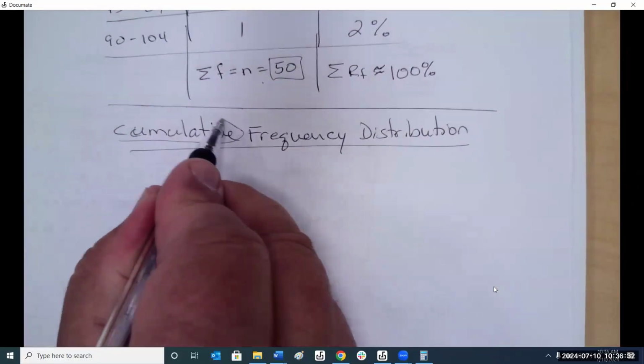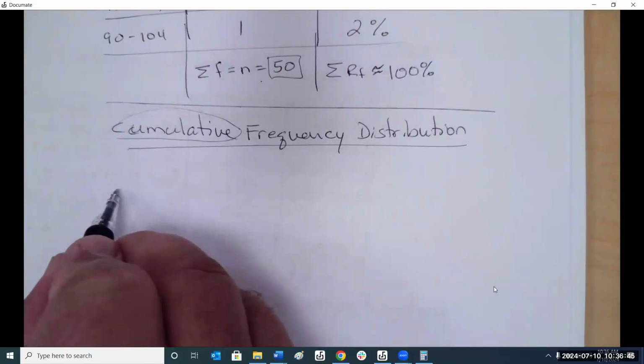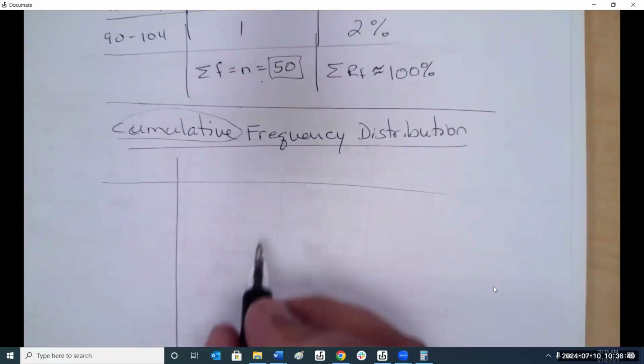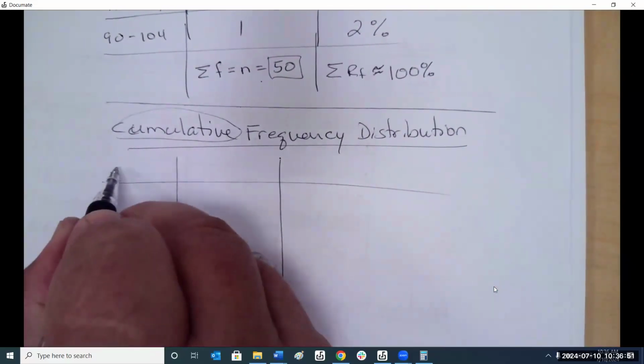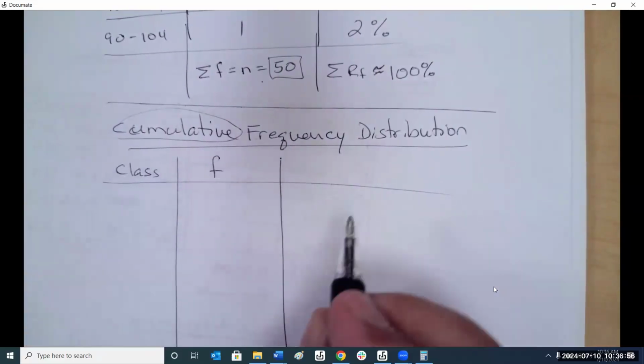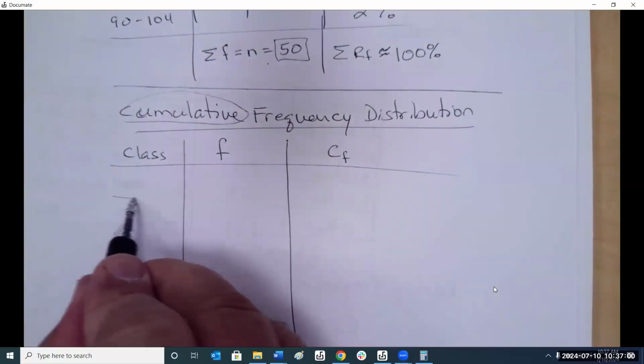What does cumulative mean? If your final exam is cumulative, what does that mean? Total of everything. Yeah, it's everything. So let's look back at our data, because we have our class and we have our frequency. Now we're going to get a cumulative frequency.